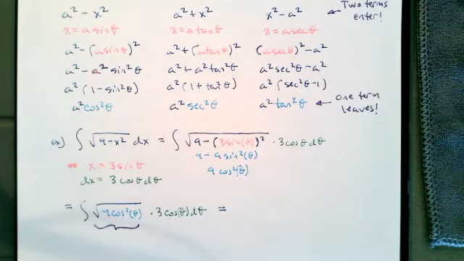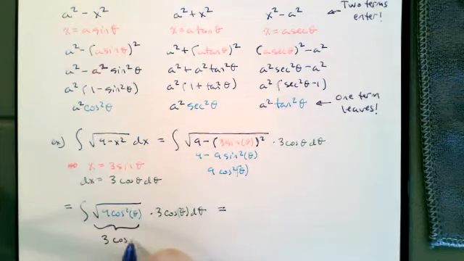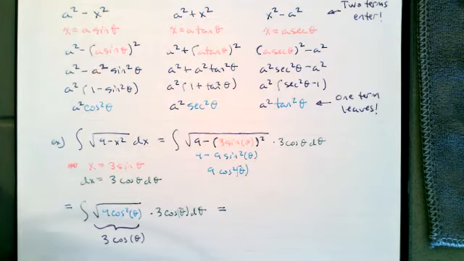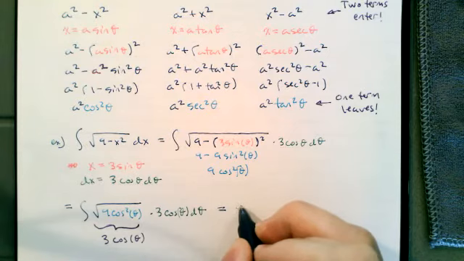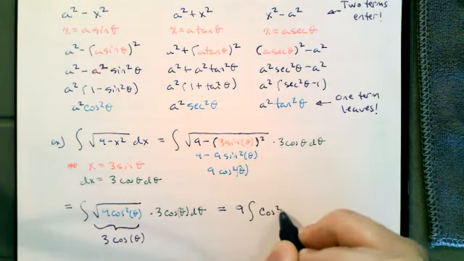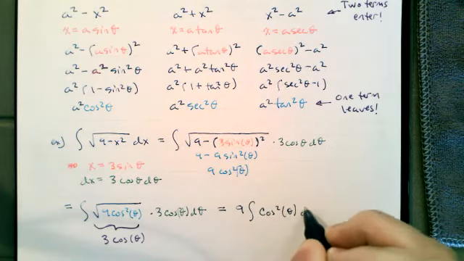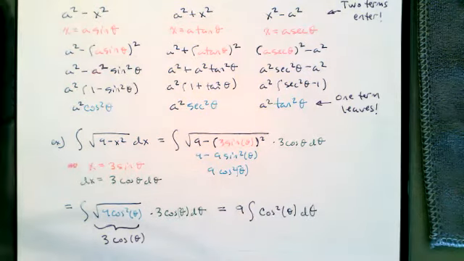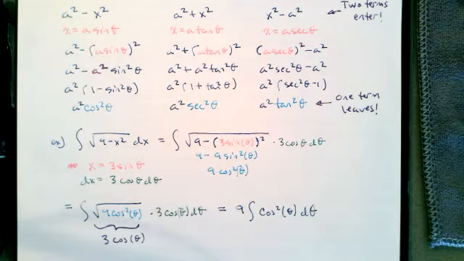But now we've got the square root of 1 term, which we can simplify. So now our integral is, let's see, we have a 9 times the integral of cosine squared theta. We have completed Act 1.